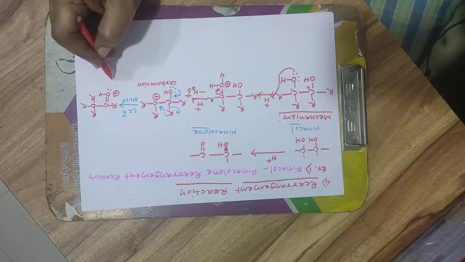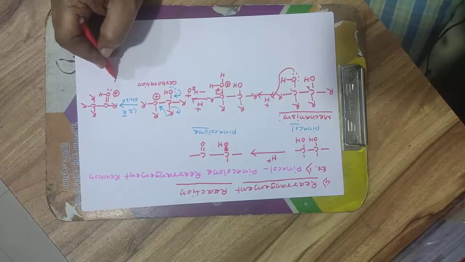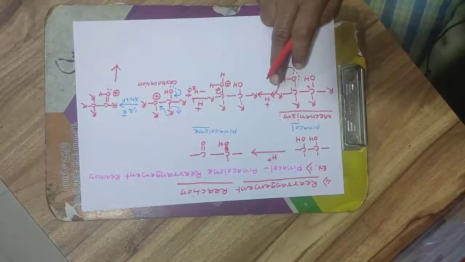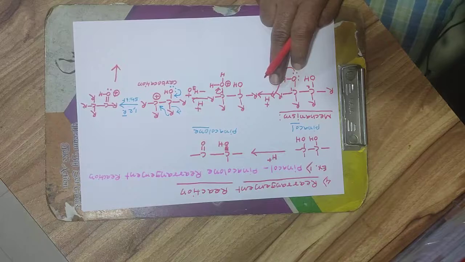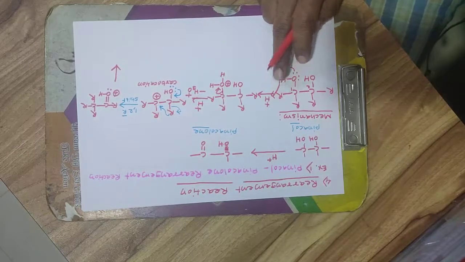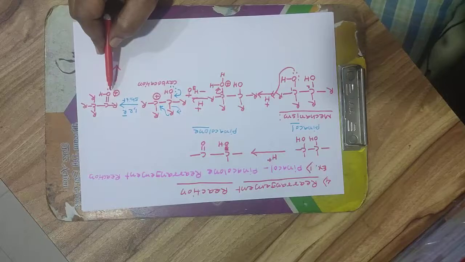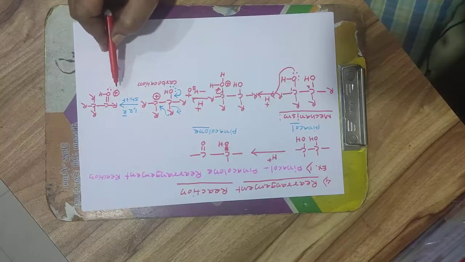Now in this reaction, we have used H positive, an acid, as a catalyst. So we have to remove it somewhere, as it acts as a catalyst. Now here, oxygen is an electronegative element, and oxygen can accommodate a negative charge but cannot accommodate a positive charge.